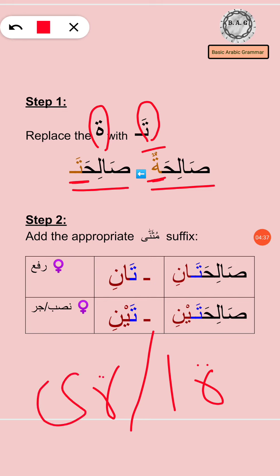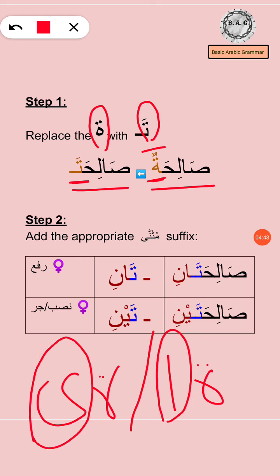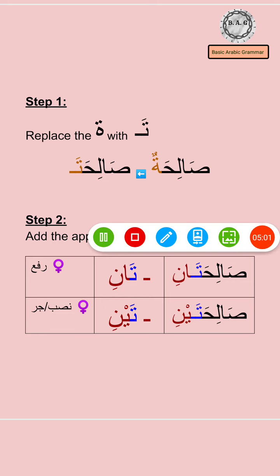It cannot be written that way, it just doesn't make any sense. However, these are the two letters that are present in our suffixes for musanna. So what we do is simply replace this ta marbuta with this regular ta. That's what has happened.